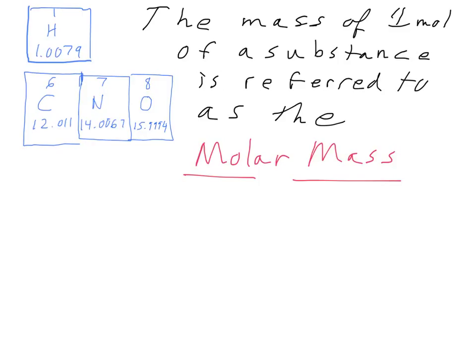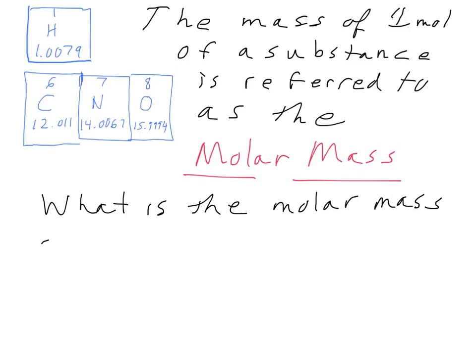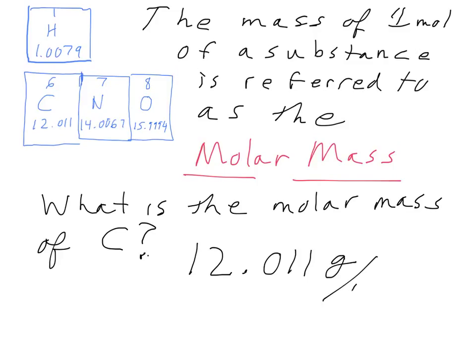For example, what is the molar mass of carbon? The molar mass of carbon would be the mass of 1 mole of carbon, so it would be 12.011 grams per mole.